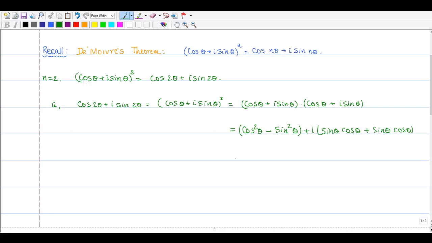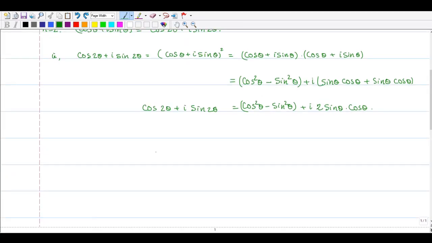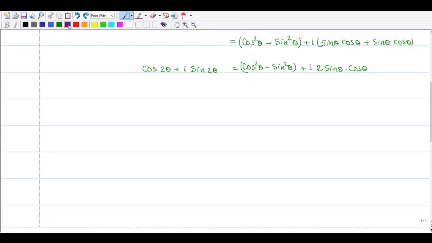So this implies cos square theta minus sin square theta plus i into sin theta cos theta plus sin theta cos theta, so you can write 2 times sin theta into cos theta, which is equal to cos 2 theta plus i sin 2 theta.